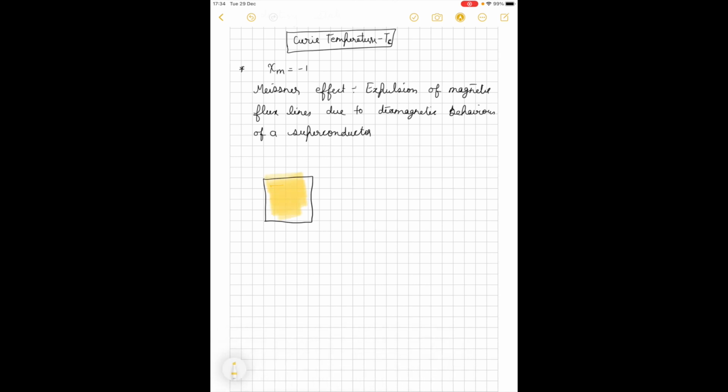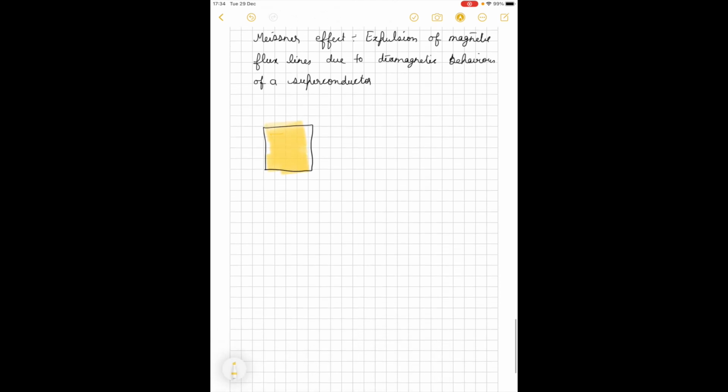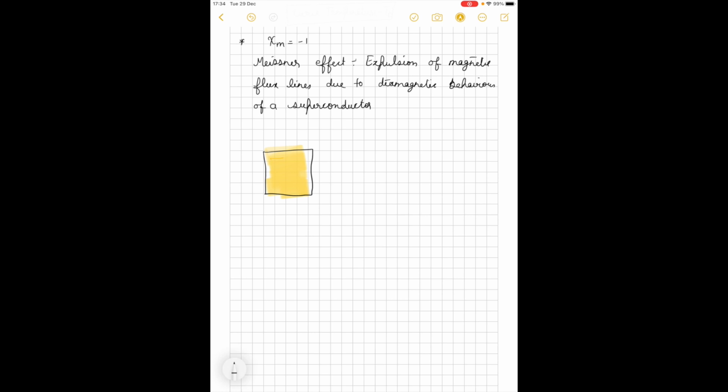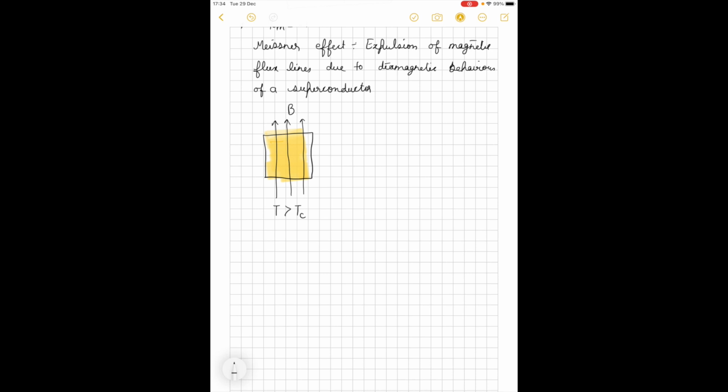Let's say this yellow thing is our sample, and we apply the magnetic field lines like this, passing through the sample, B. This is the case when T is greater than Tc, meaning things are normal, whether we are talking about a superconductor or a normal perfect conductor.